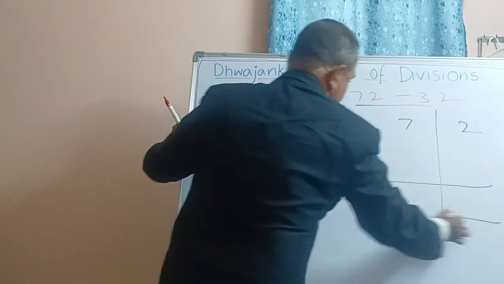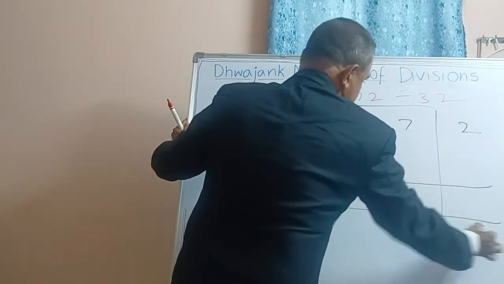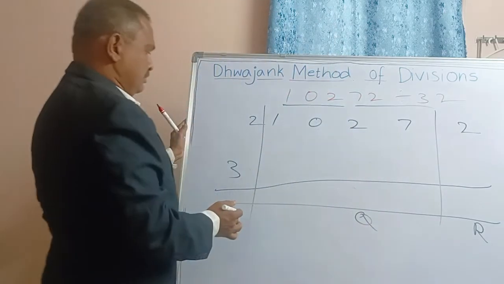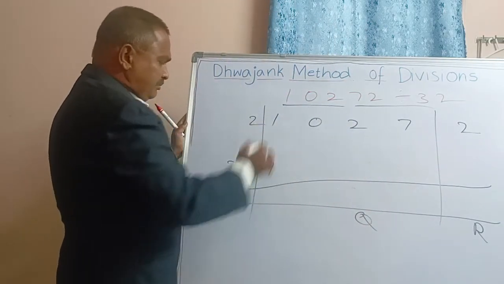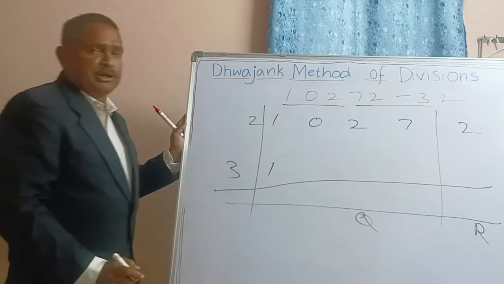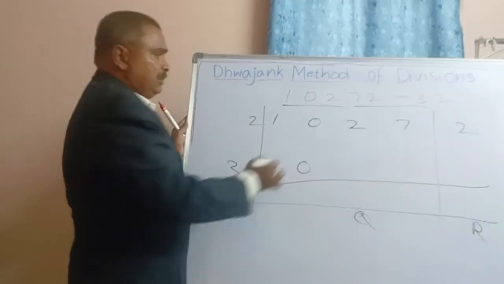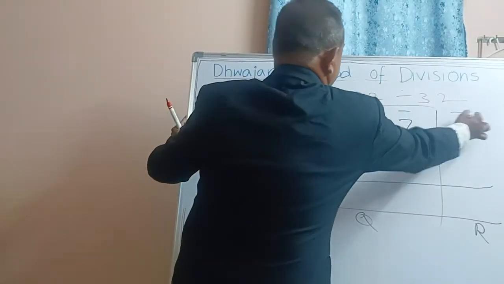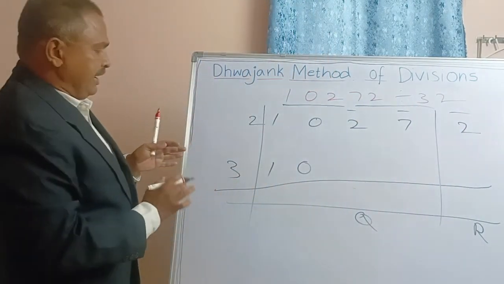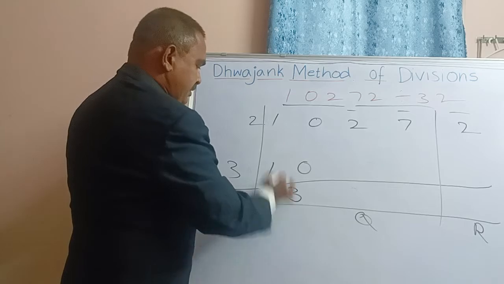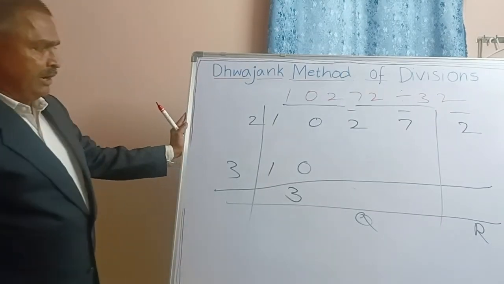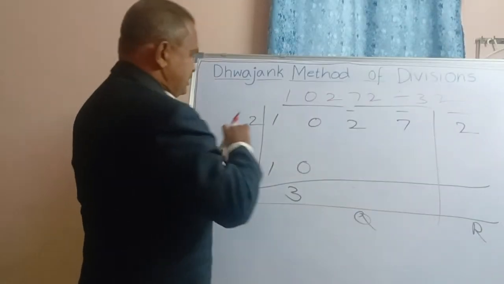This is the remainder part, this is quotient part. Bring down 1. 1 divided by 3 is not possible. Bring down 0 also. Now these will be next parts. 10 divided by 3, 3. 3 3s are 9. 1 is the remainder.